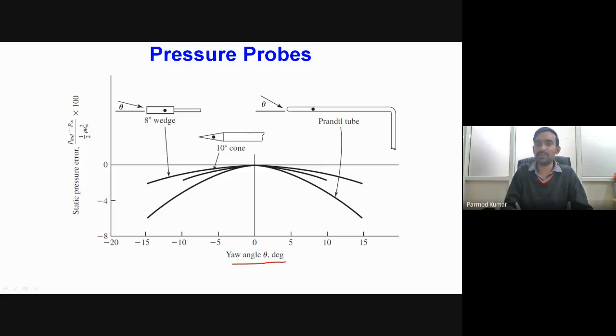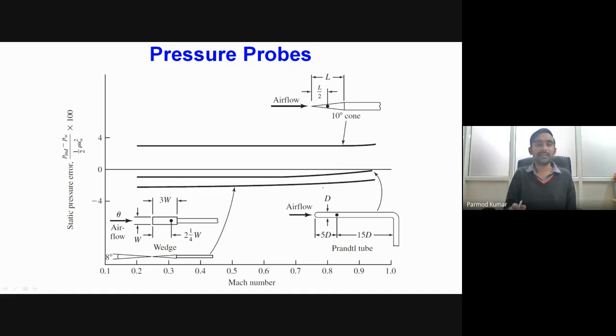In case of the Prandtl tube, we will have some inner tube and then an outer tube with holes on the circumferential periphery. Over here we are saying that if the axis of the tube is oriented at a certain angle from the direction of the flow, then what type of errors will be introduced into our static pressure measurement is quantified over here.